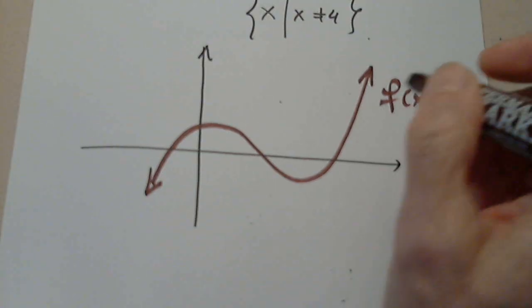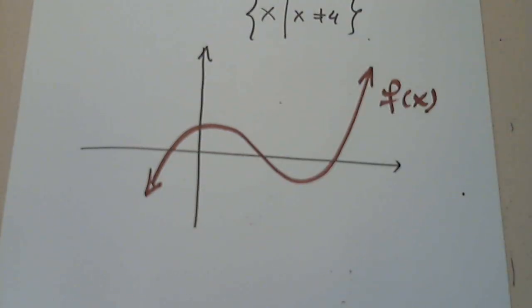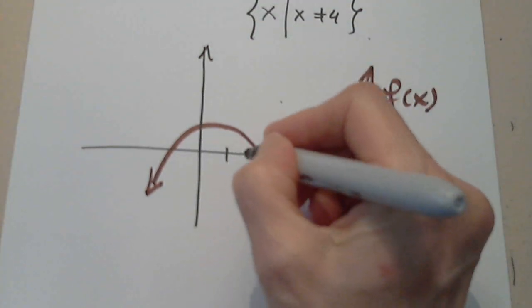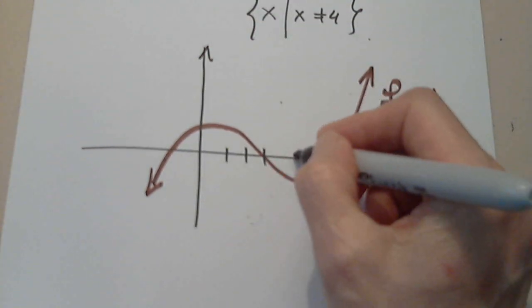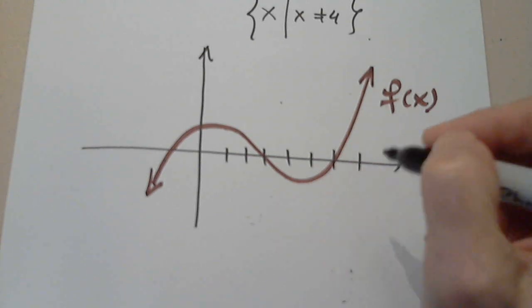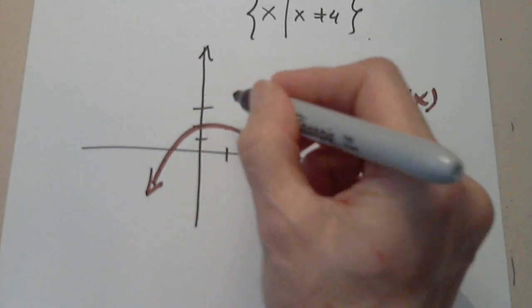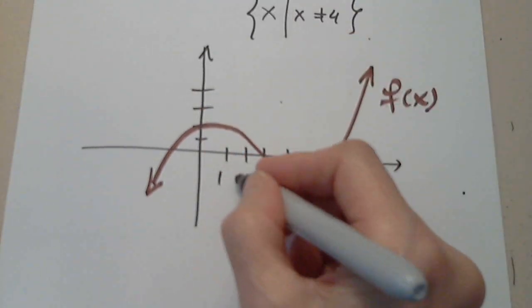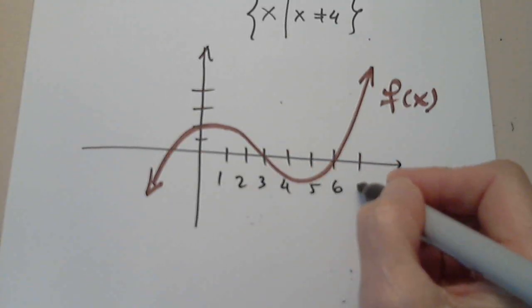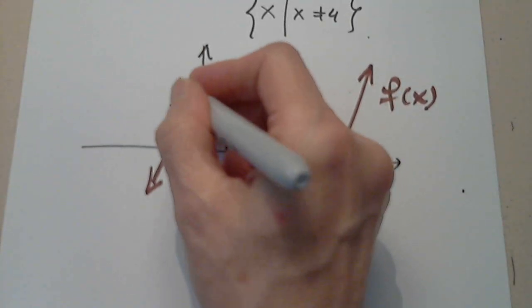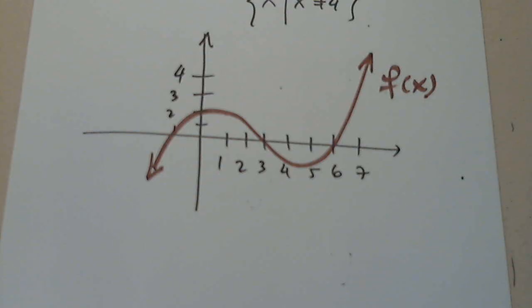This is a function by the vertical line test. And I'm going to put some numbers here: one, two, three, four, five, six, seven; 1, 2, 3, 4; and negative 1.